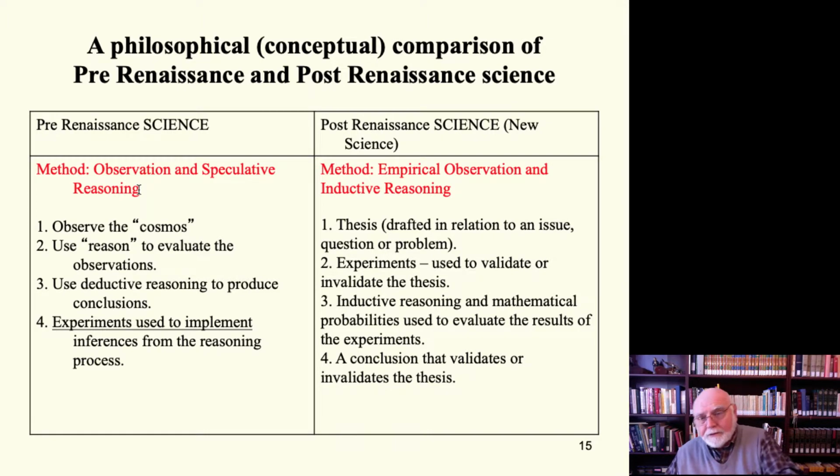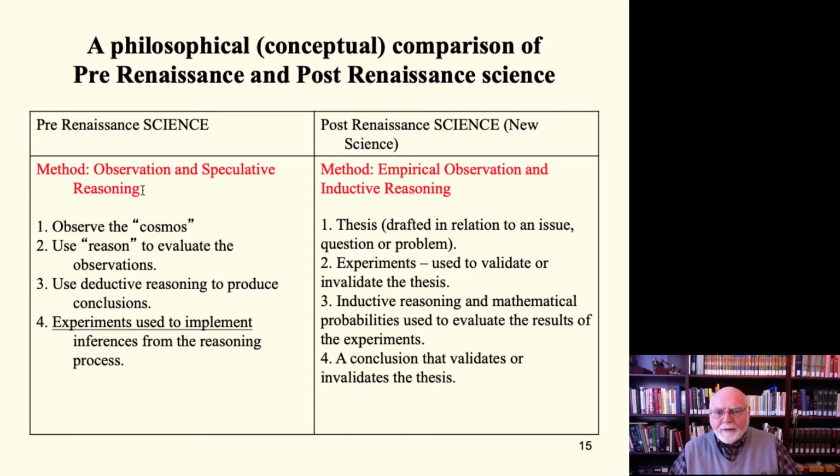Whereas post-Renaissance science used empirical observations and experiments. The reason they're empirical is that you're looking at using the senses and the observations in a technical sense. I'll come back to that in a moment. And then you're going to use inductive reasoning. You're going to go from this experiment, and you're going to draw out implications as to what comes about. Generally speaking, if you've done enough experiments, you work out the highest percentage that indicates you're being right.